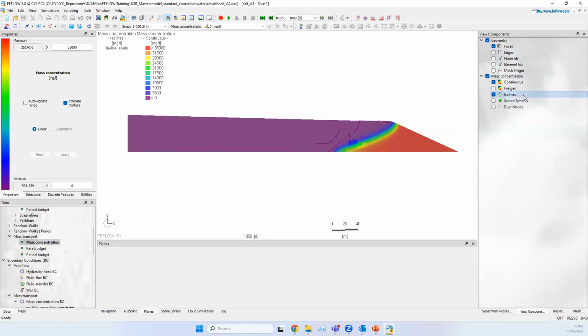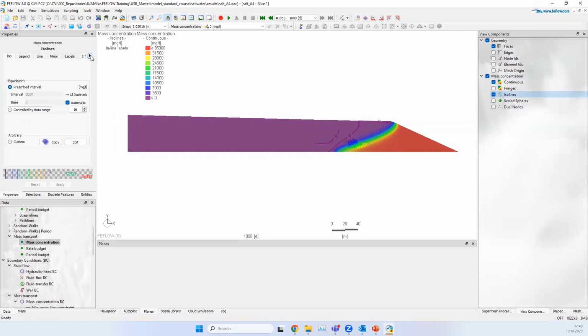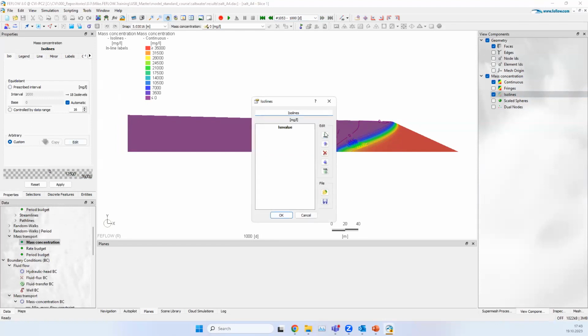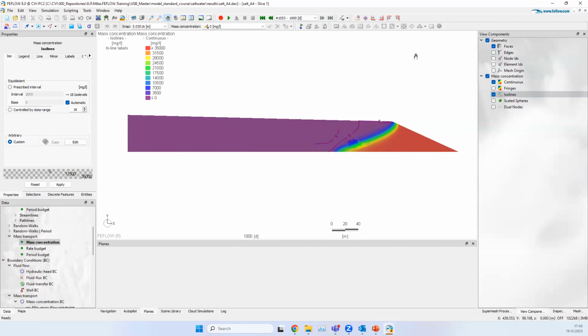Depending on your water quality norms, some countries define 1,000 milligrams per liter of TDS, total dissolved solids, as a good threshold value for implementing a reference line between fresh water and salt water.